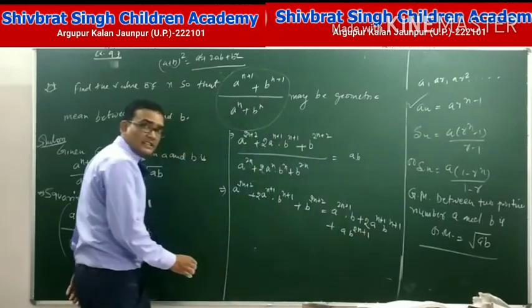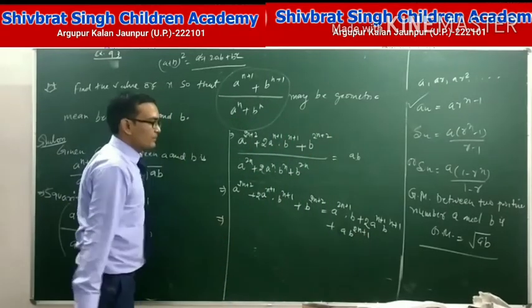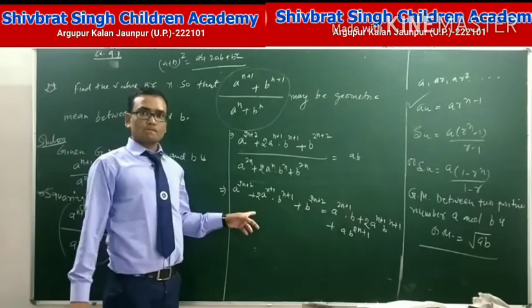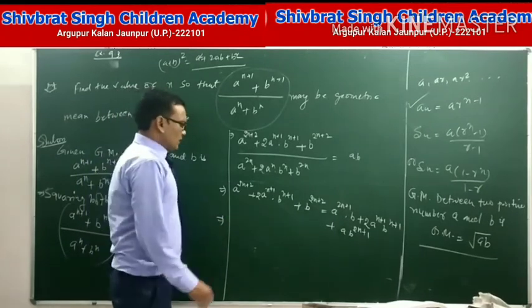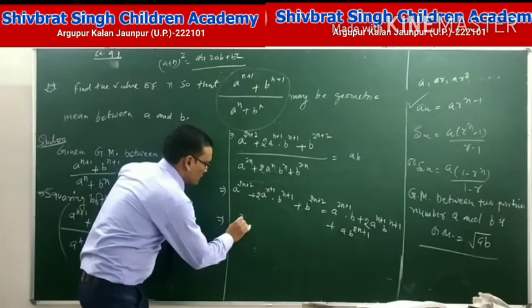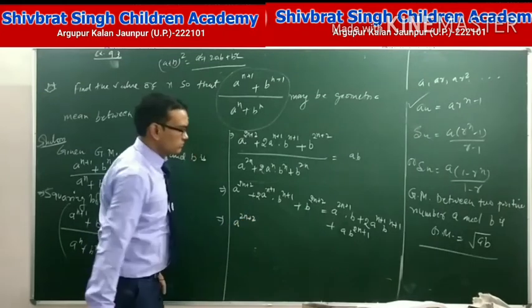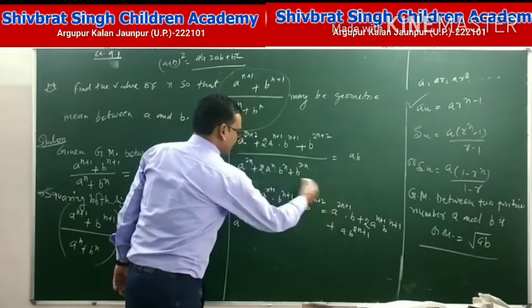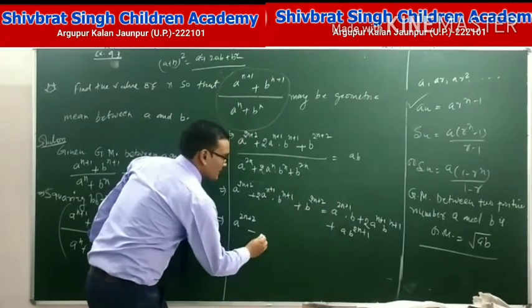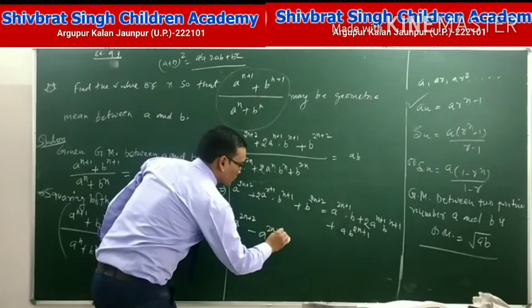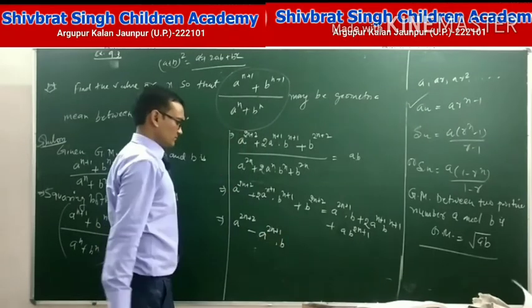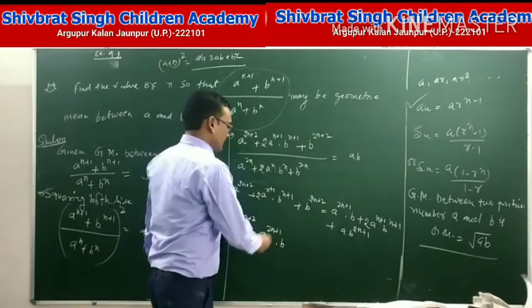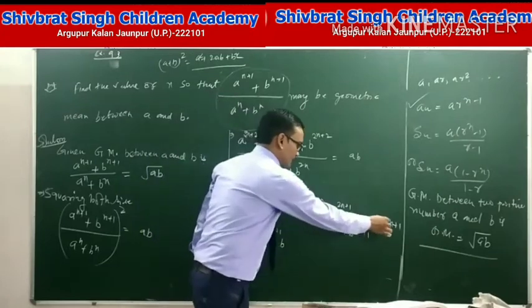This implies that a to the power 2n plus 2, side change, minus a to the power 2n plus 1 into b, and this will be cancelled.